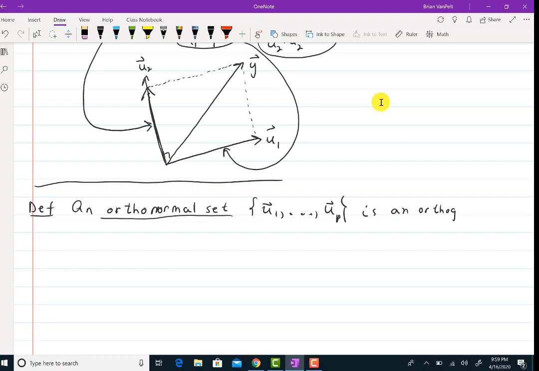An orthonormal set is an orthogonal set such that when I take the norm of any of these vectors, like ui, the norm of ui equals 1 for every i. So the norm of each vector is 1. Basically, it's an orthogonal set of unit vectors.